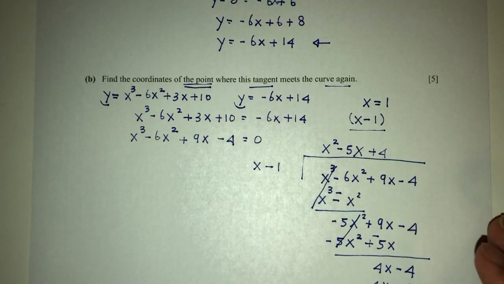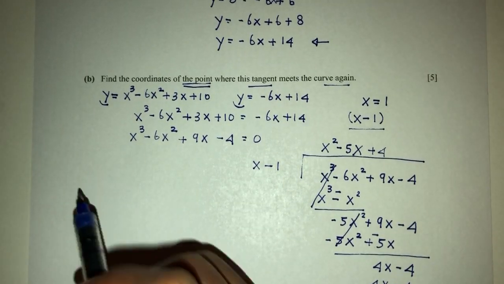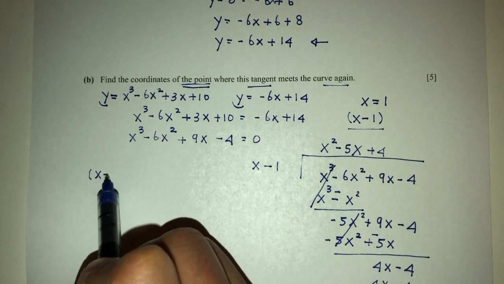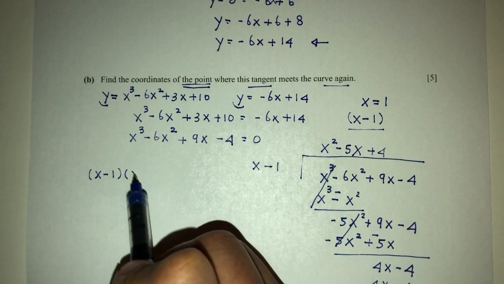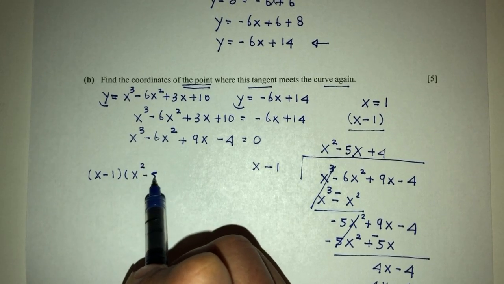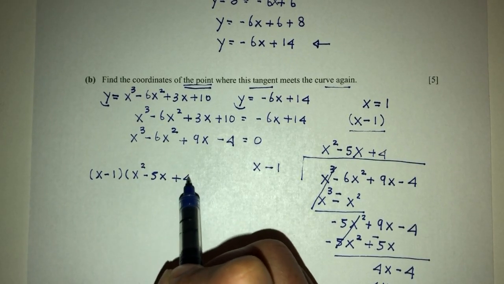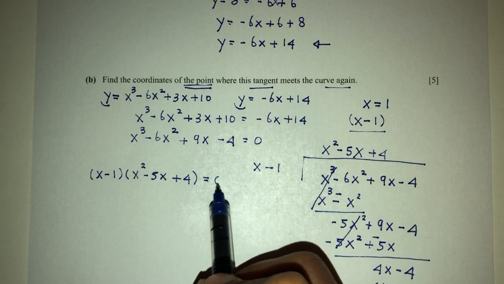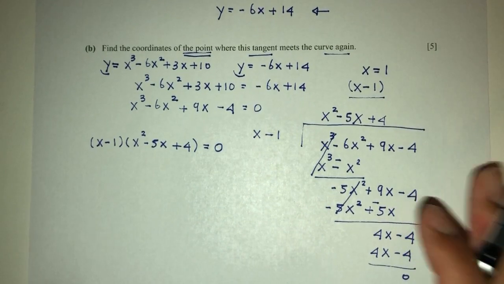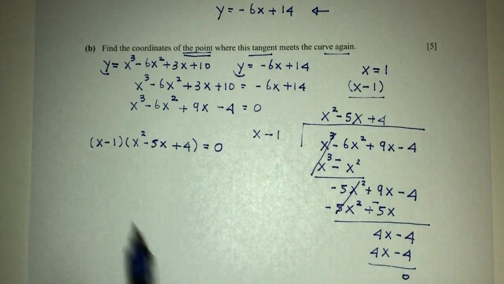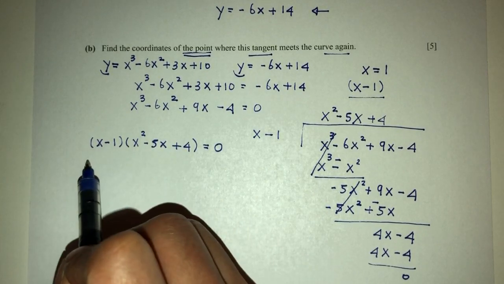So I realized that this equation can be written as (x - 1)(x^2 - 5x + 4), and now we have to equate to 0 to find the values that we need. So factorize this one and you'll see what happens.